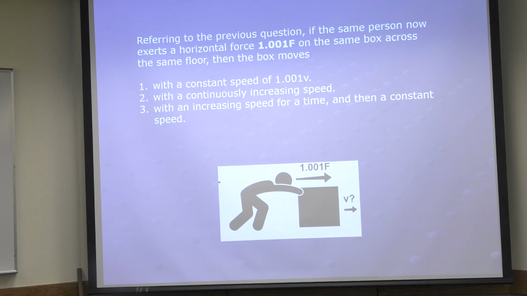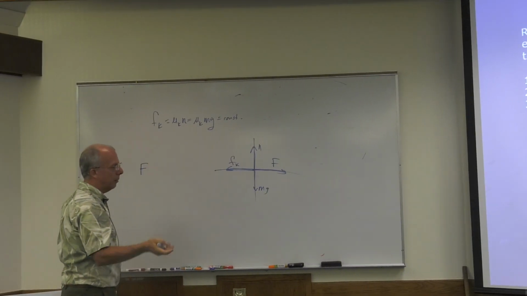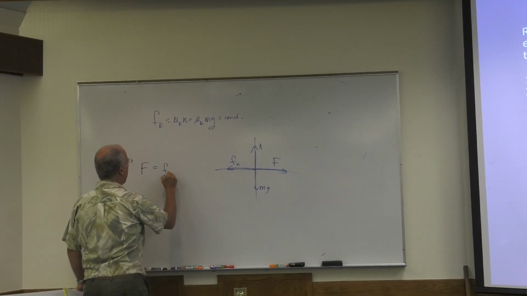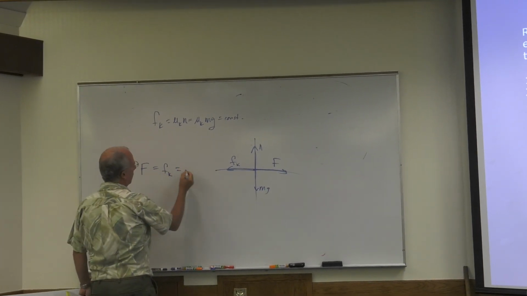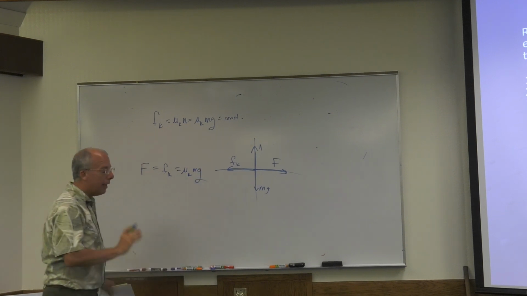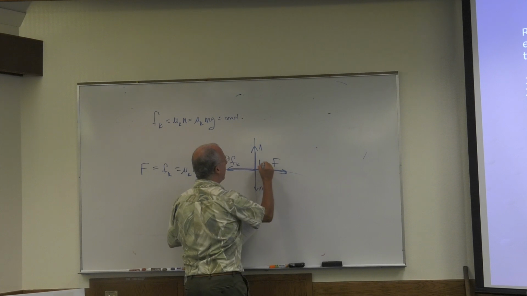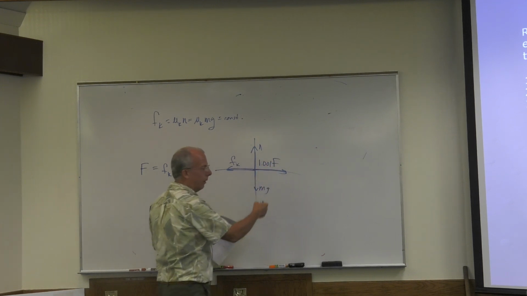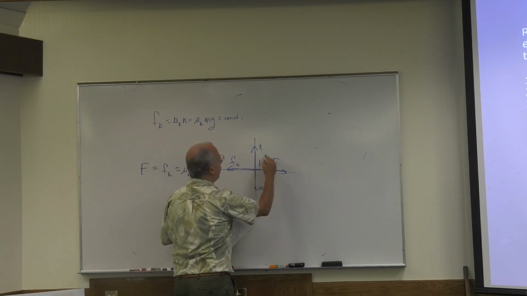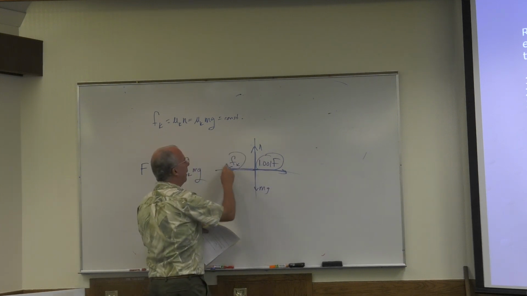Okay. In the previous question, we said that F, the force that the person exerts on the box, was equal to Fk, right? Which is mu k mg. But now, what we have is 1.001 F. Well, therefore, this is slightly larger than that.